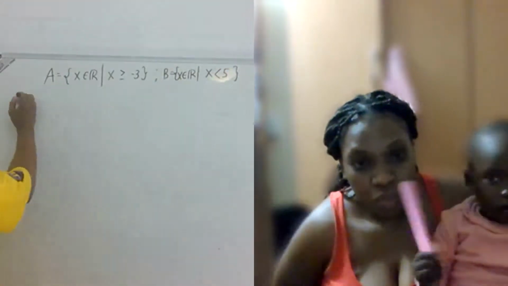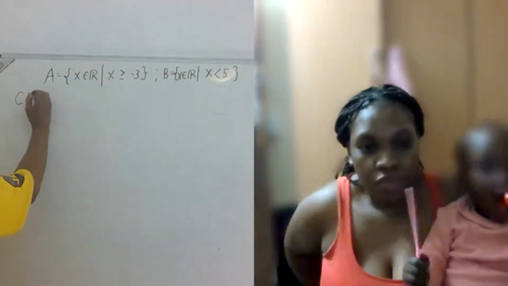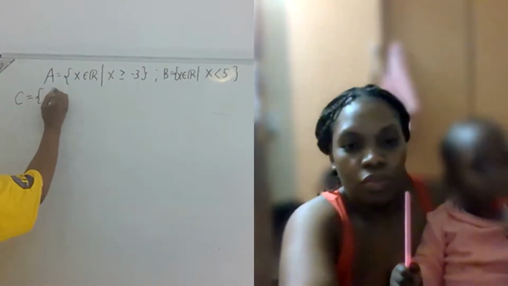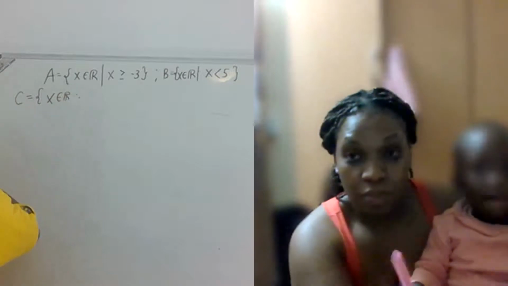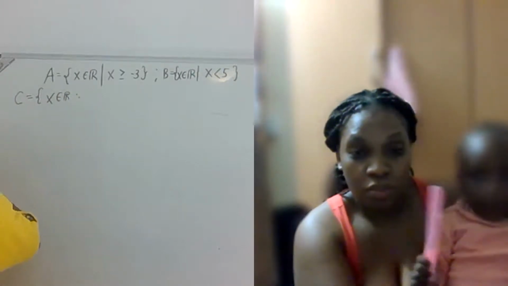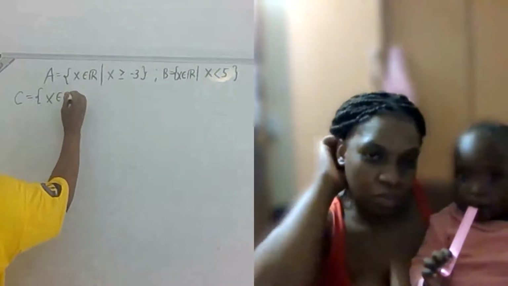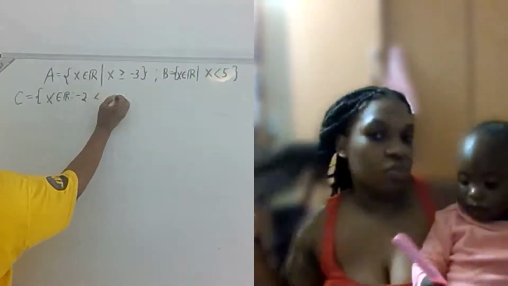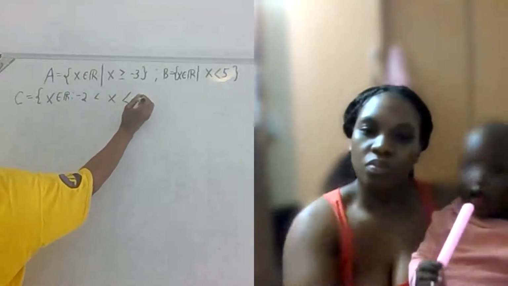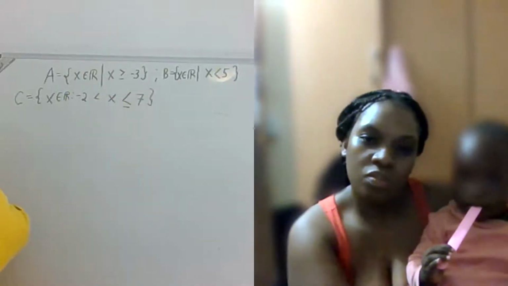And C, x are element of real number, whereby x start from negative 2 to 7. But okay, now what do they want?